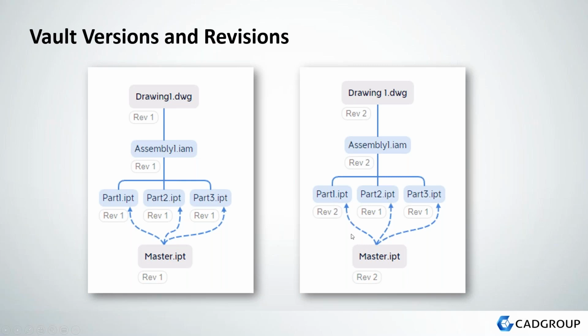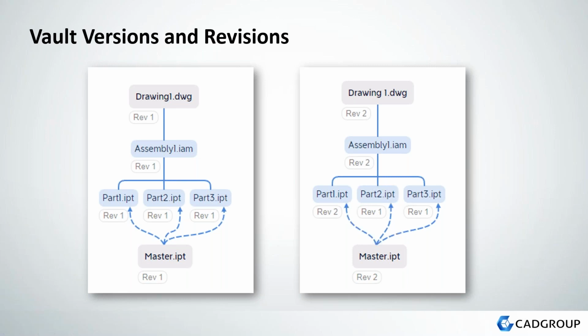Because we're making a change to part 1, rev 2, we had to make a change to the master part and make that rev 2. Assembly now needs to be at rev 2. Drawing needs to be at rev 2. Now, technically speaking, we did not make any physical changes to part 2 or part 3, so they can still stay at rev 1.